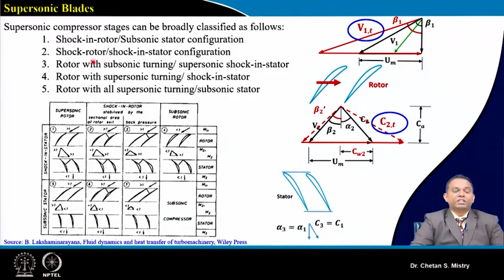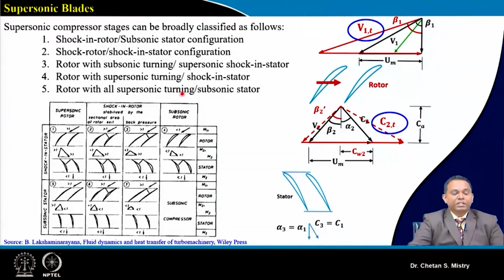Second category is shock in rotor and shock in stator configuration. Third is rotor with subsonic turning and supersonic shock in the stator. Next category is rotor with supersonic turning and shock in stator. Then rotor with all supersonic turning and subsonic stator. So all these kinds of configurations people have explored.